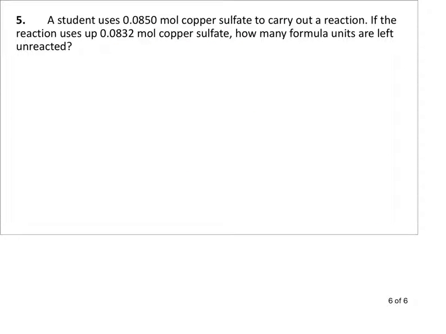And our last one for this little part. This time it says a student used moles of copper to carry out a reaction. How many formula units are left unreacted? So the first thing we have to do is take these and subtract to figure out how much is left over.